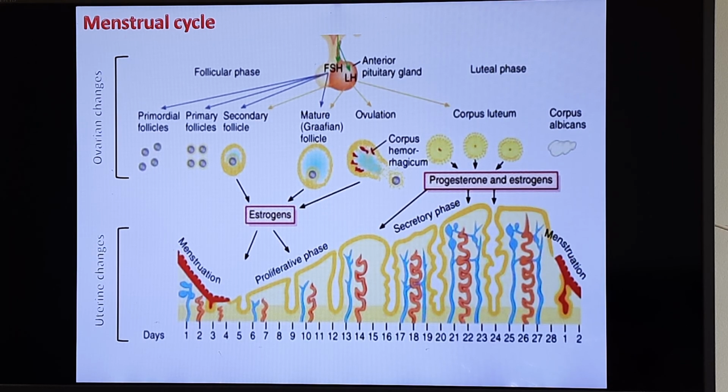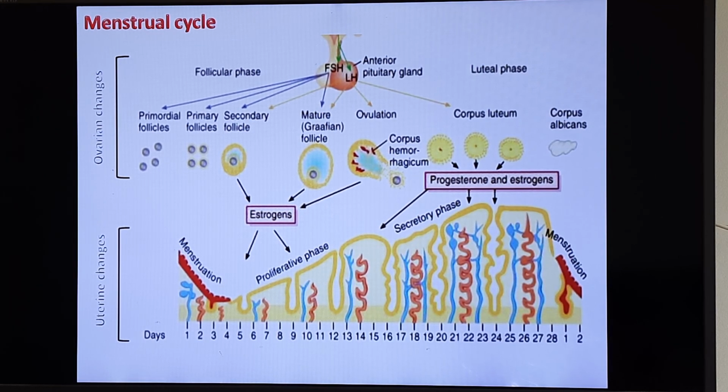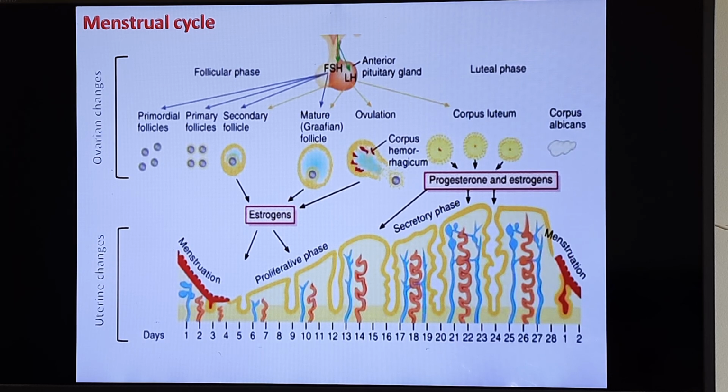But if fertilization is not there, the corpus luteum waits up to 2 weeks after ovulation, that is up to 14 days, and it degenerates and converts into a white scar called the corpus albicans. If the corpus luteum is converted into corpus albicans, it means secretion of progesterone stops here.